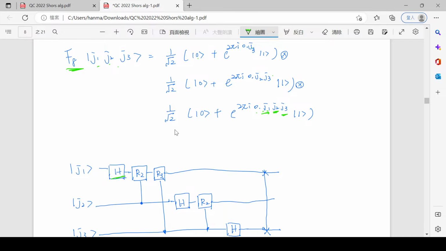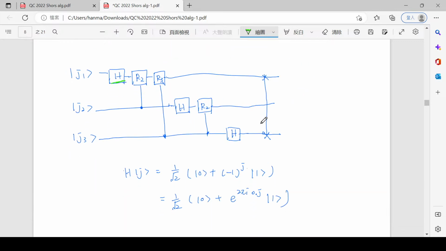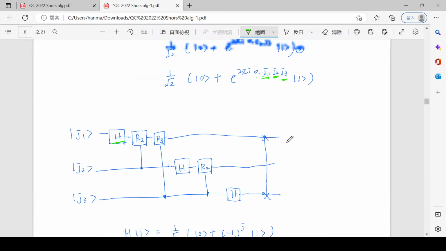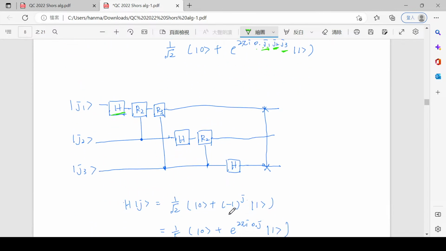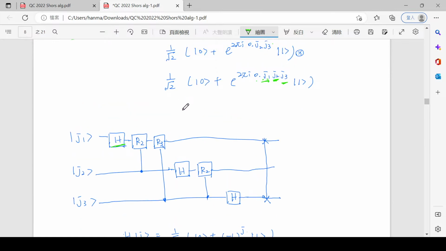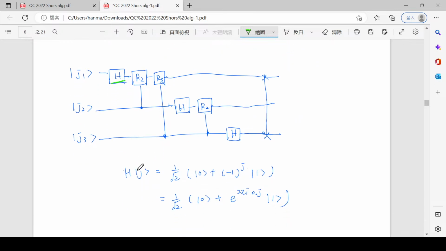Okay, so Hadamard is actually doing more. Let's see here. Hadamard actually turns you into something like 1 over square root 2, |0> plus |1>, right? So Hadamard first turns into this |0> plus |1>, but also gives you this 0.j1. Because remember Hadamard on |0> equals plus, and Hadamard on |1> equals minus, right?